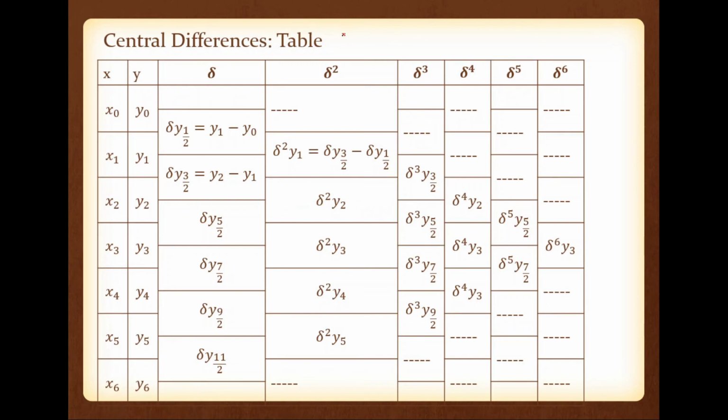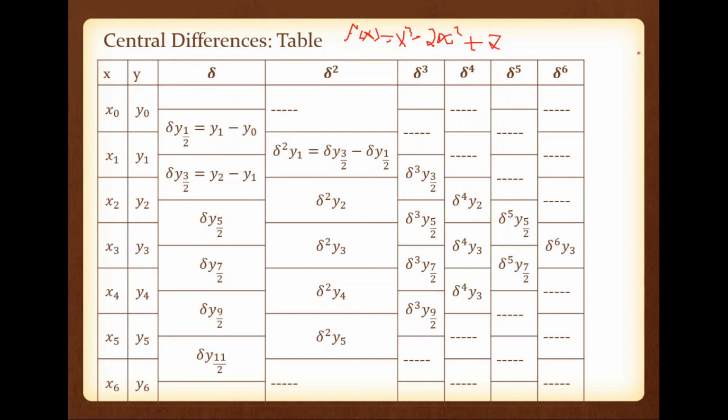earlier we have a problem, that is f of x, that is y, is equal to x cube minus 2x square plus 2. So we have this data.